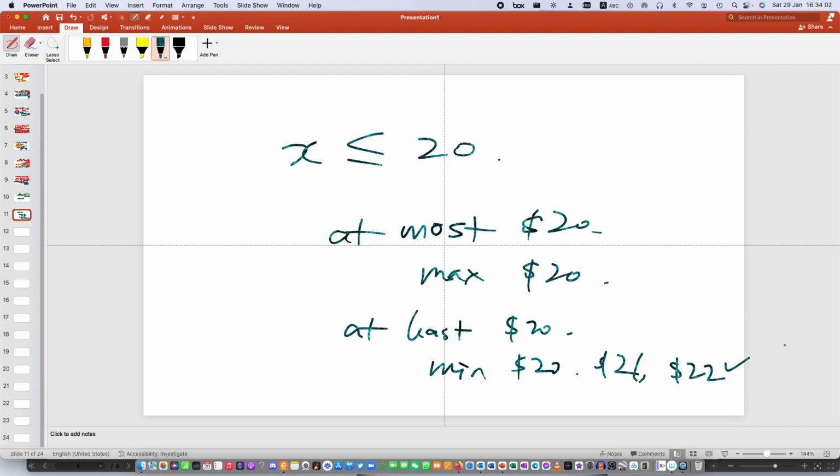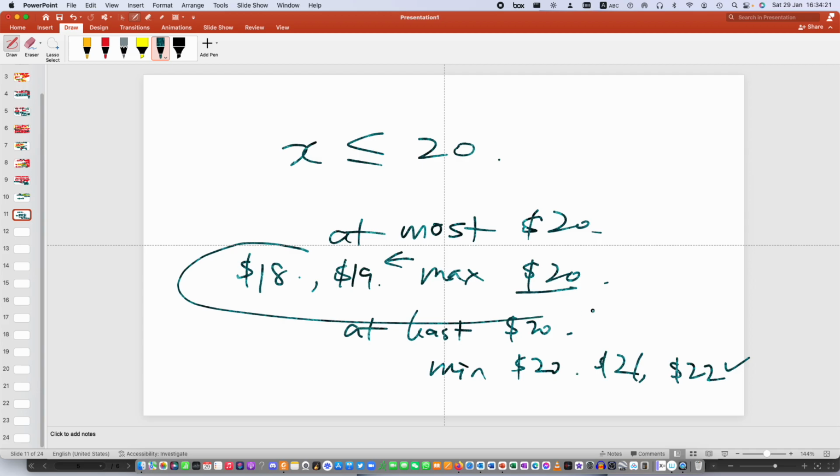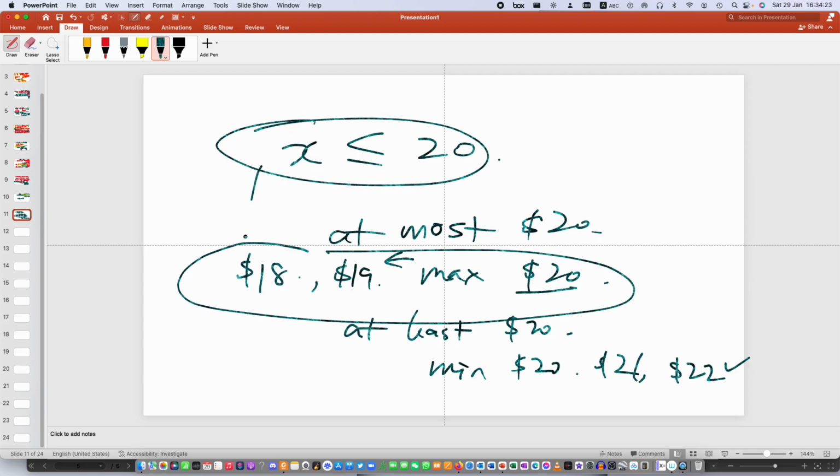Maximum 20 means I cannot go to that side, because the max is 20. I cannot go 21, so I can only go 19, 18. So once you have this range, you can use this to represent at most. Are you clear now?